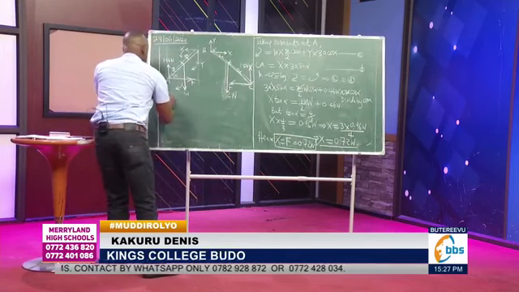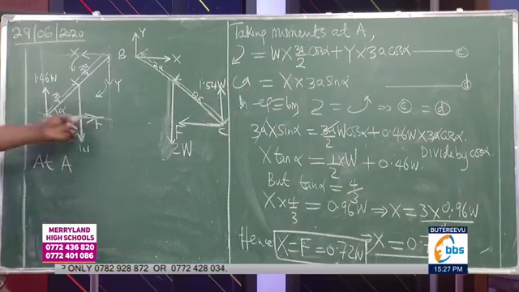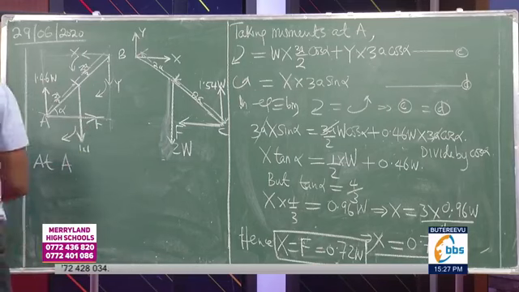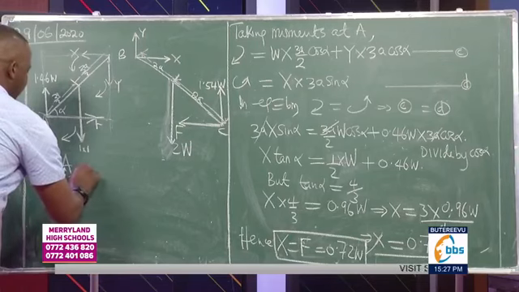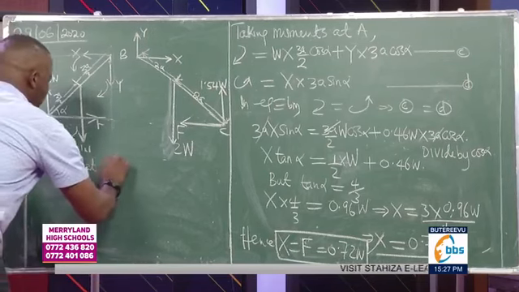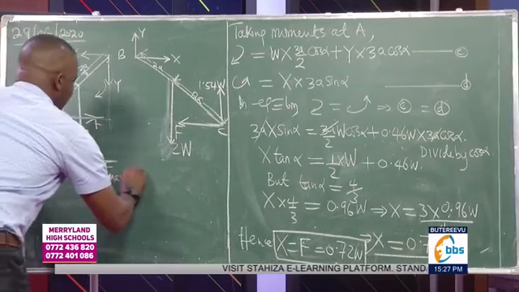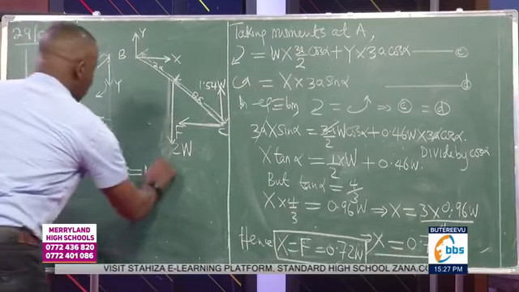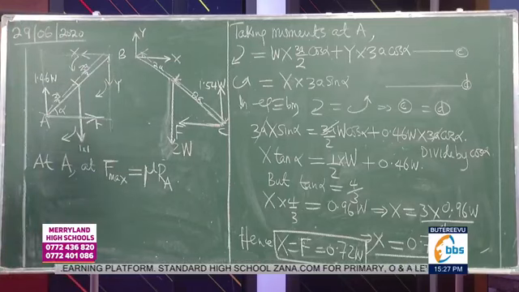At point A, for the force at A to be maximum, at maximum force, which I will call F max, it will be equivalent to the coefficient of friction which we are looking for times the normal reaction at that point.